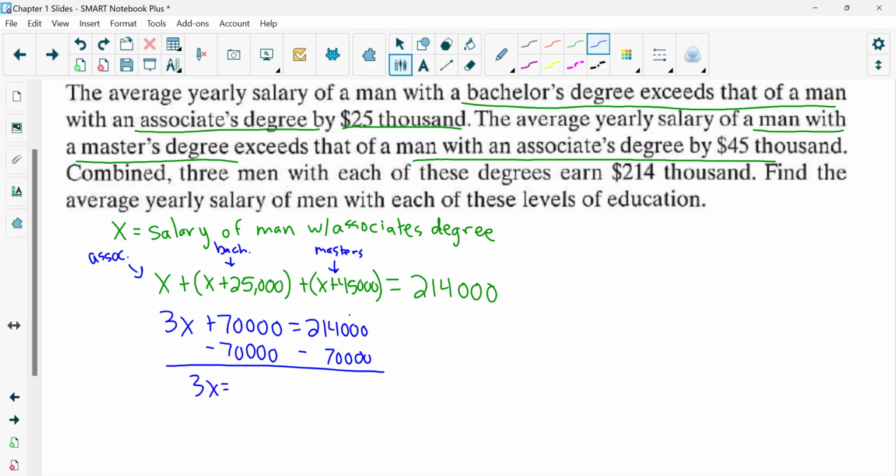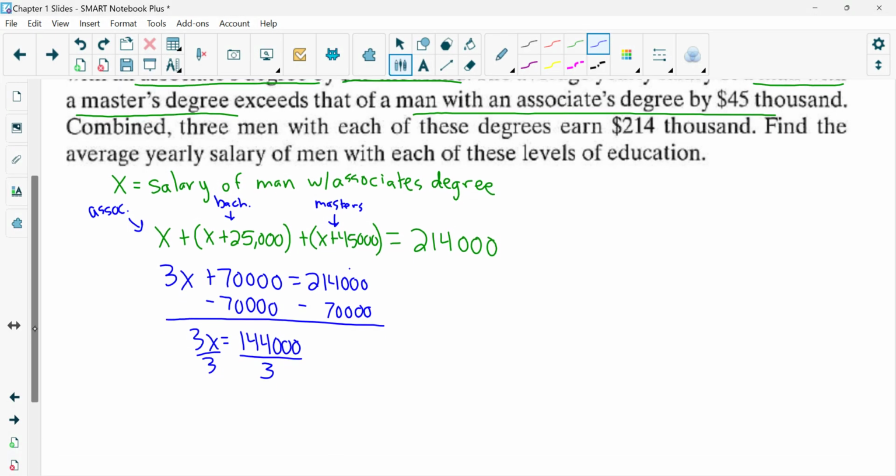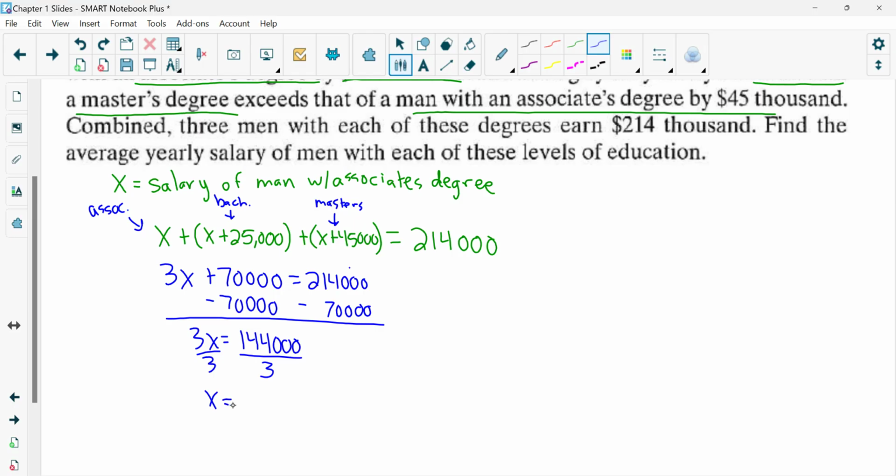What did you get? 144,000. Yep. And then we would divide that by 3. We'll get x equals 48,000.